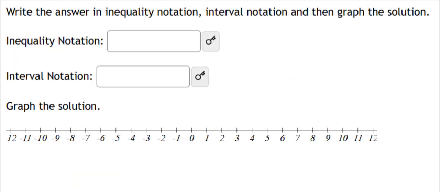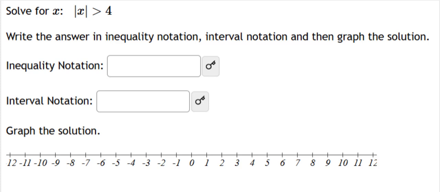Now, let's look at this one. All right, so we're going to look at some absolute value inequalities, okay? And they are going to be written as compound inequalities. So when you have an absolute value isolated, meaning just the absolute value bars and everything inside it, nothing else on the outside, on one side of the inequality, read the inequality. If it's greater than, then it's an "or," you hear the "or."